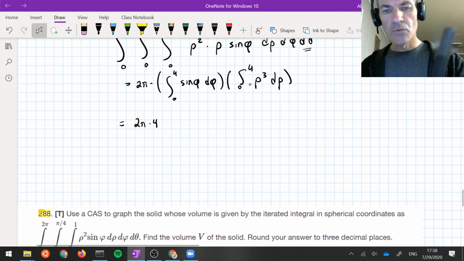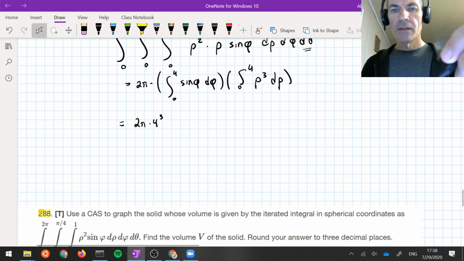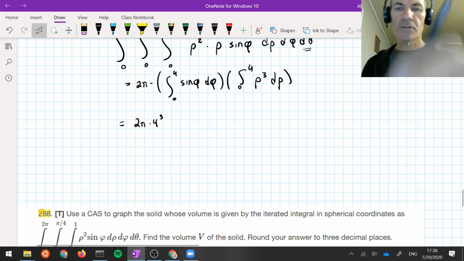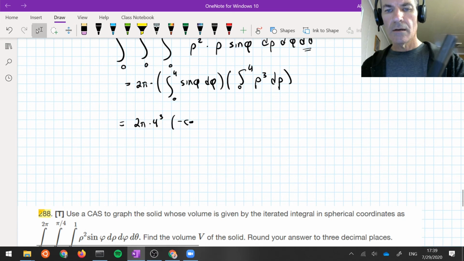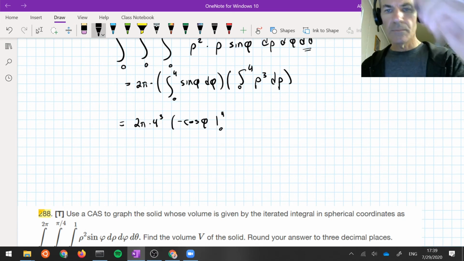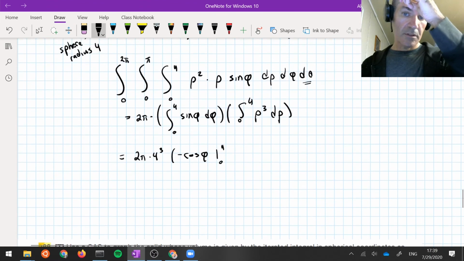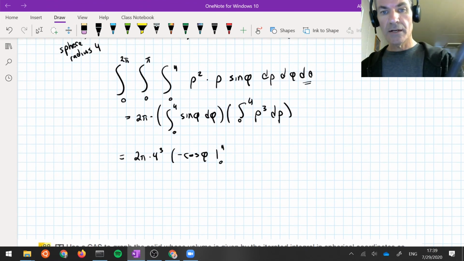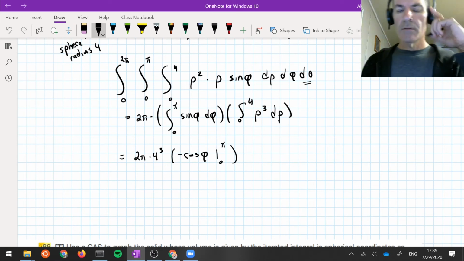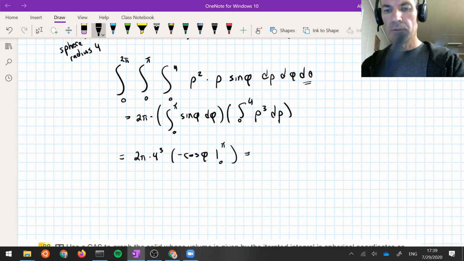That works out to 4 cubed. This guy is going to go up to minus cosine phi. And we're going to evaluate that from 0 to pi. Plugging in pi, plugging in 0, subtracting, we're going to get 2.